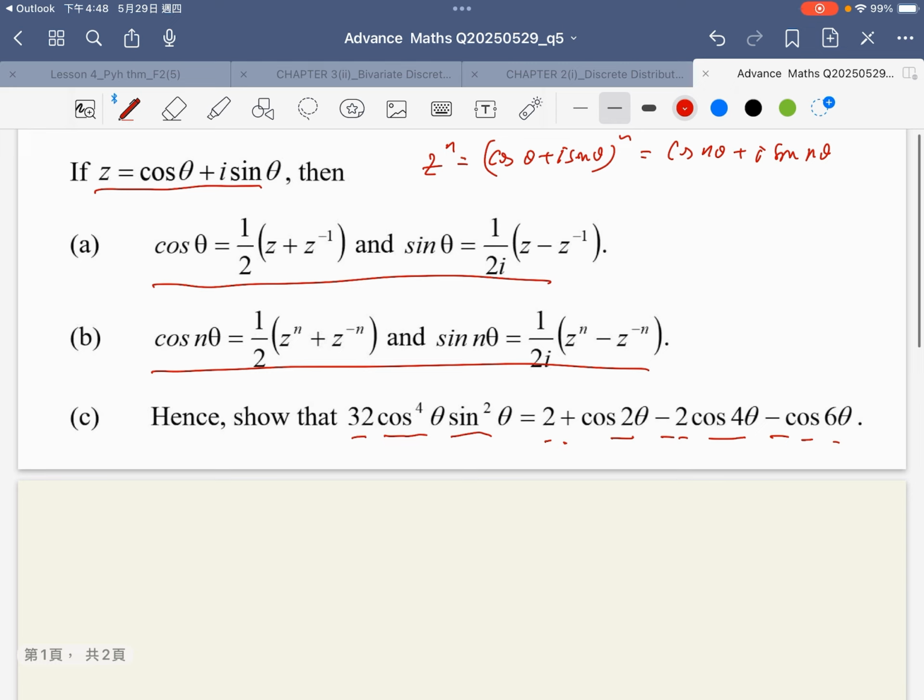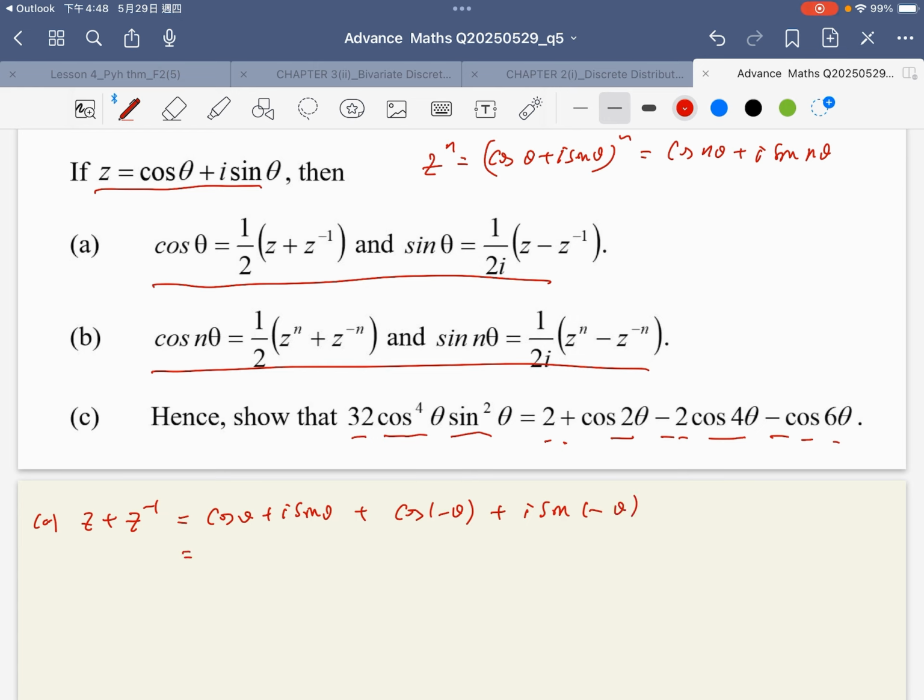For the first part, z plus z to the power minus 1 should be equal to cosine theta plus i sine theta plus cosine negative theta plus i sine negative theta.